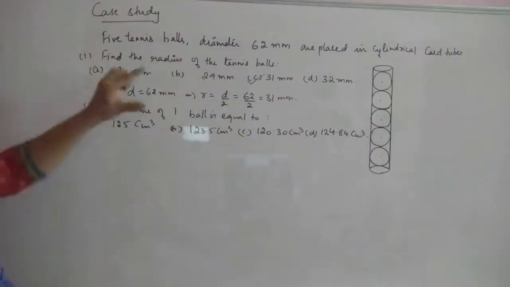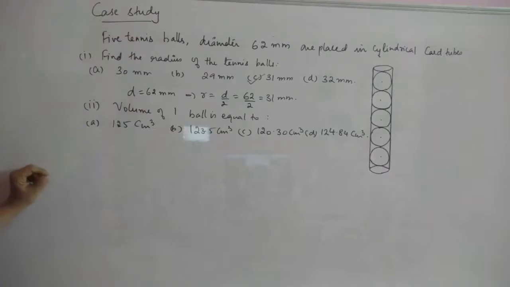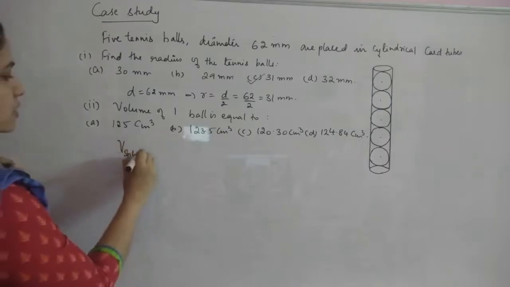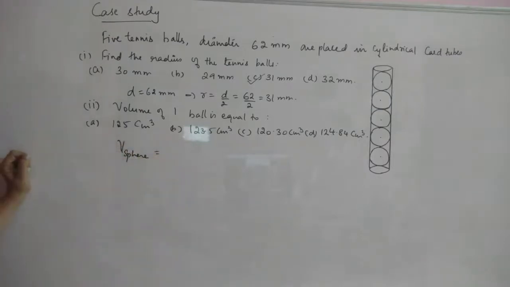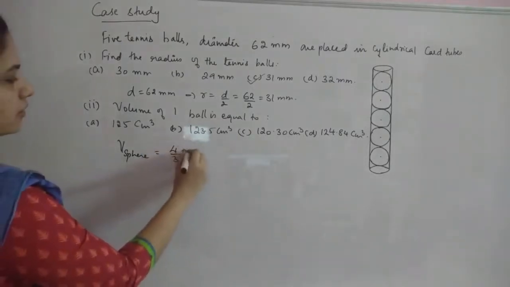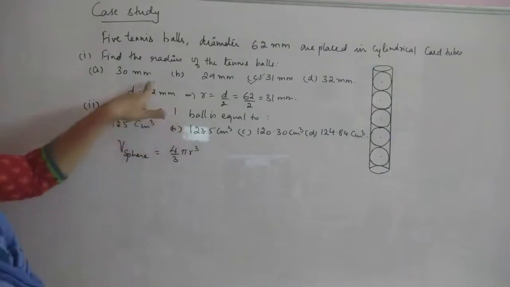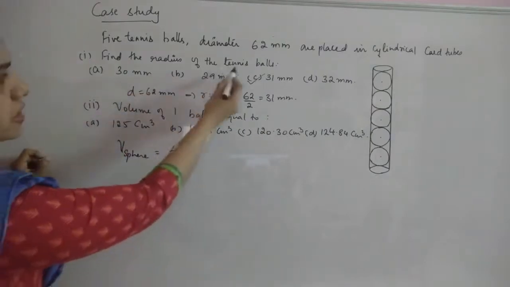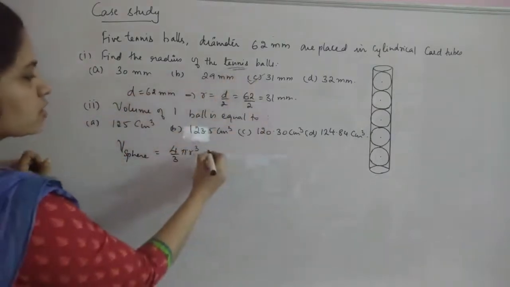How will you find it? The ball is a tennis ball, so it is in spherical shape, and the volume of a sphere is 4 by 3 pi r cube. Here r is the radius of one tennis ball, which you have already found out, so you can use that value.